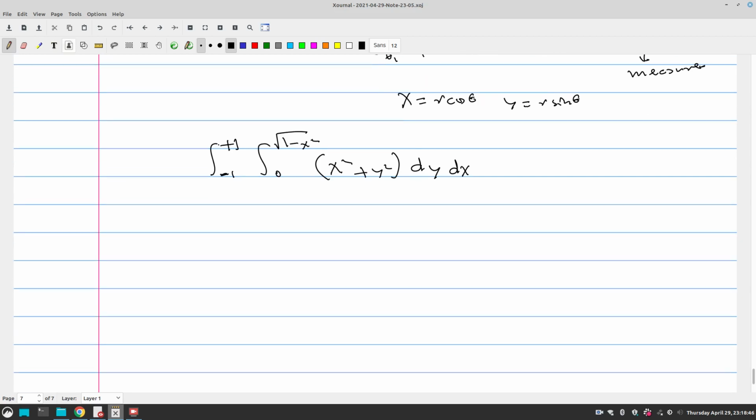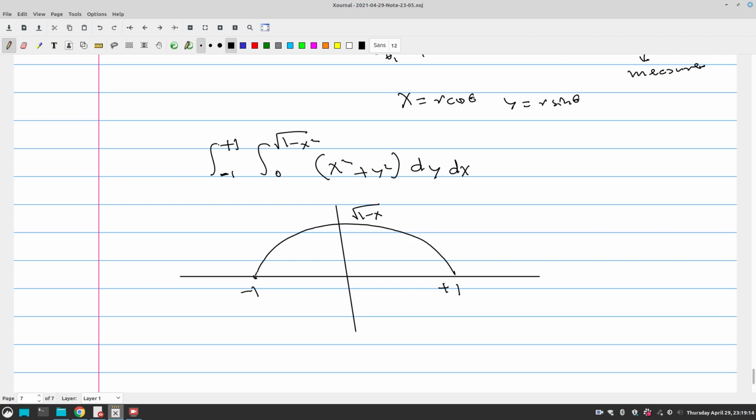Right, so what is the integration area? x goes from minus 1 to 1 and y goes from 0 to square root of 1 minus x square. So this looks like a semicircular region, because x goes from negative 1 to plus 1, and y goes from 0 to square root of 1 minus x square, because y equal to square root of 1 minus x square is the upper semicircle.